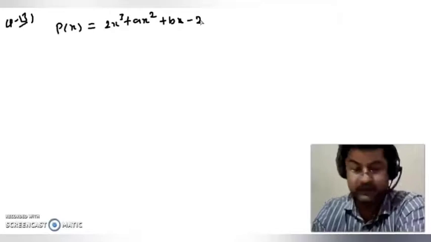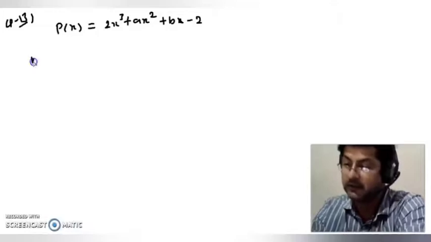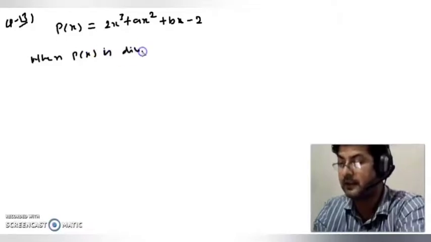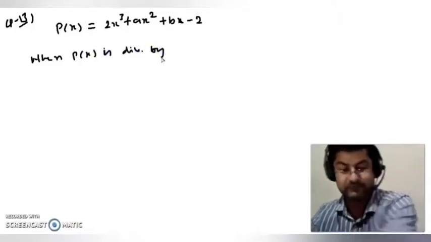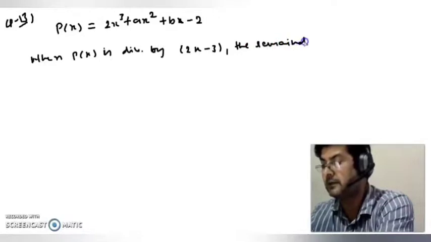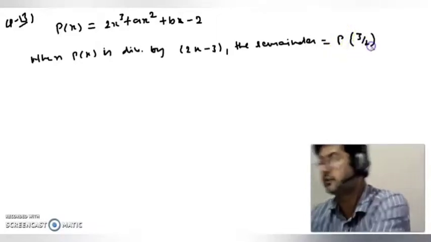Divisor 1 and divisor 2. It is given that when p of x is divided by 2x minus 3, the remainder will obviously be p of 3 by 2, yes or no?